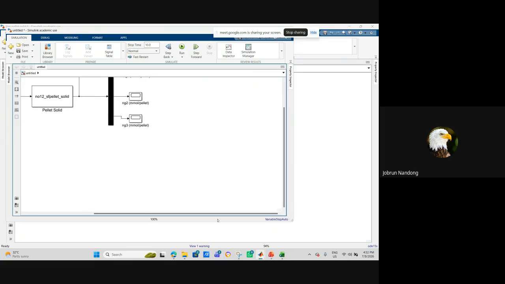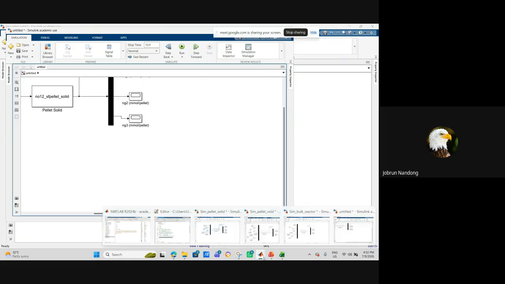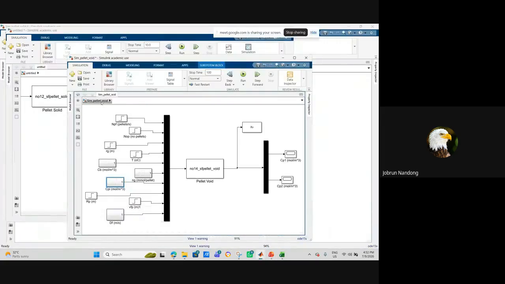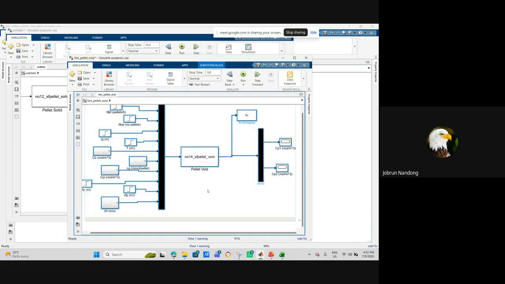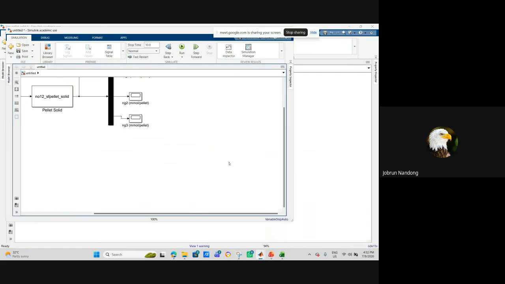Give me a space later. Then after that we copy the other one, the pellet void, this one. Paste here.